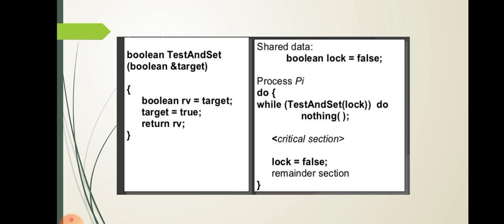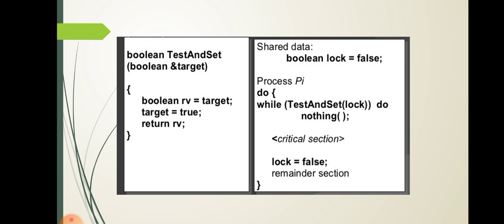When control comes to the while loop, it is asking for the lock value. What is the initial value of lock here? 0, that is false. So the test and set function will be called.